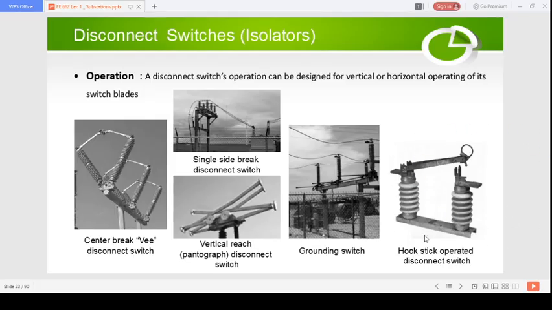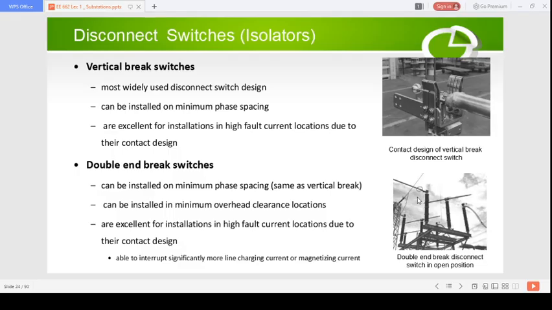If you haven't, alongside the roads you can find many distribution transformers, so you can have a good look at them, and you will see these hook stick operated disconnect switches. Okay, so let's take a look at them one by one.